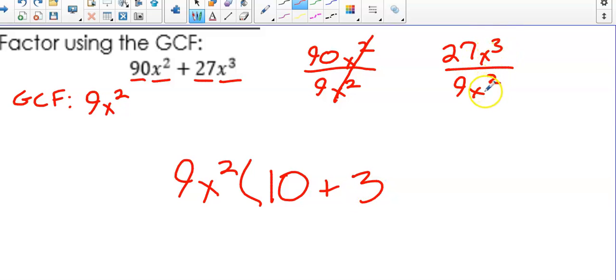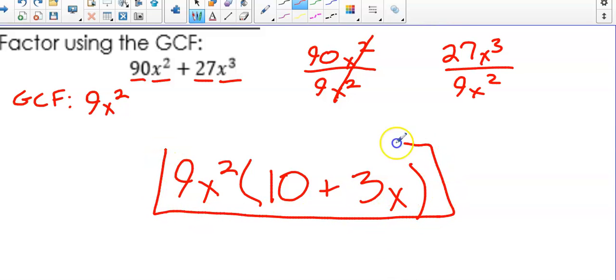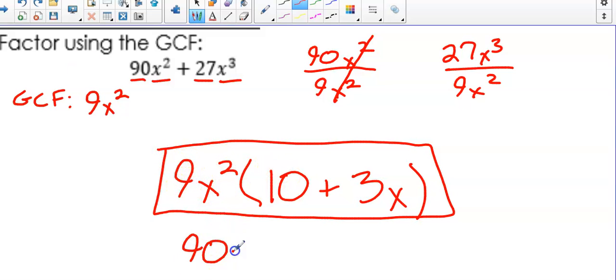X cubed divided by x squared is x to the first. Again, check our work by distributing. 9x squared times 10 gives us 90x squared. 9x squared times 3x is 27x to the third. That's what we started with, so that is correct.